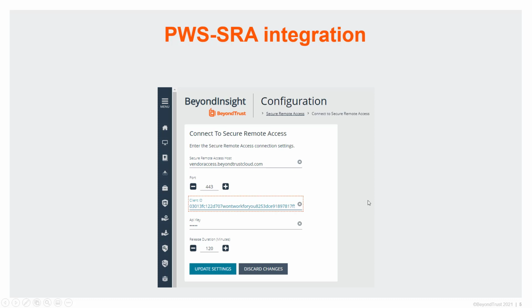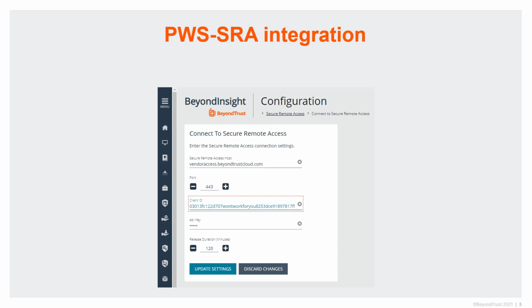So essentially telling PasswordSafe, hey, this is your SRA backend that will be allowed to communicate with the API in order to check out credentials as part of remote sessions. So we have a URL connector here, port, client and API key, but that's pretty much it. It simplifies the integration between those products quite significantly.